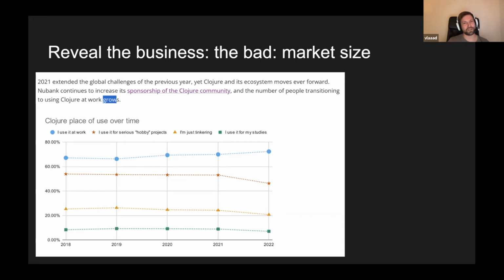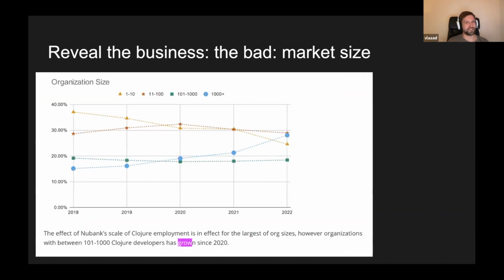That might mean that there are significantly more Clojure developers working with Clojure, or that developers basically stopped using Clojure for hobby projects, and there are no new developers, just the ones already using Clojure are left.